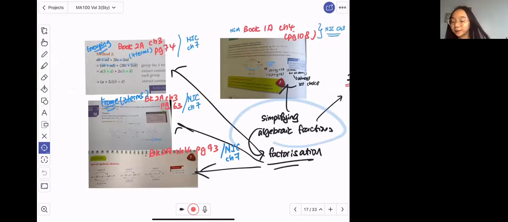Mr. Tan, can you explain to me 6.1B or A? 6.1A? Yeah, both can. Okay, wait.